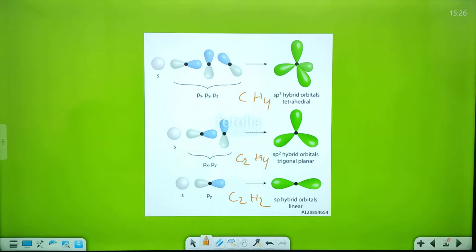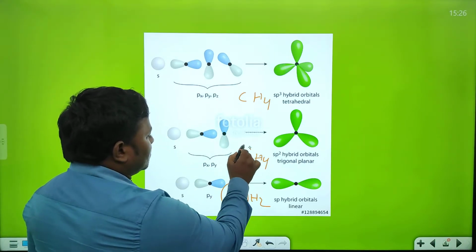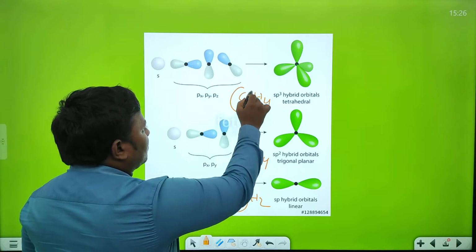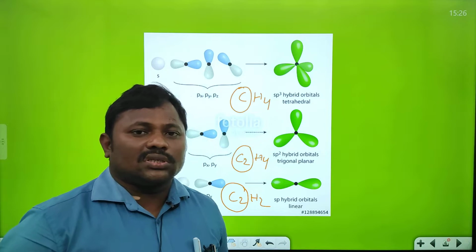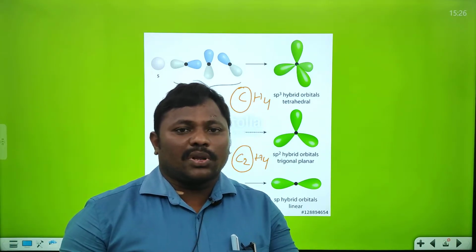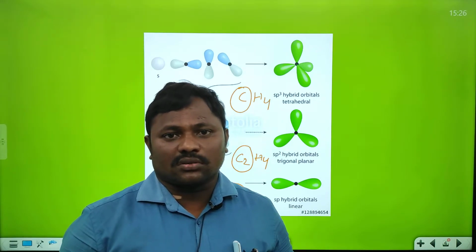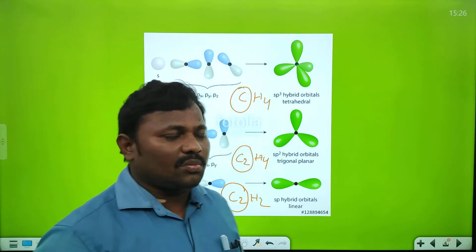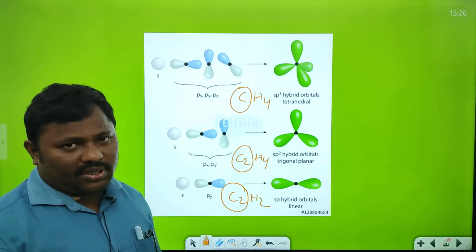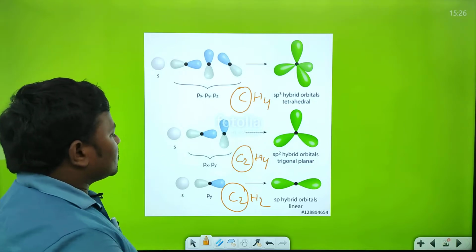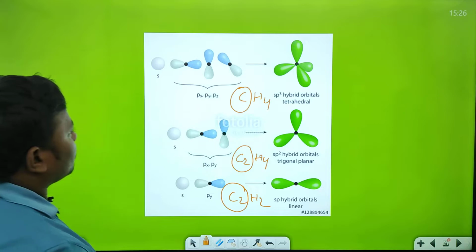So only carbon is involved in all three types of hybridizations. That's why it plays a very important role in compounds and in the periodic classification of elements. It is a highly useful and important element, because carbon can be involved in three types of hybridizations.